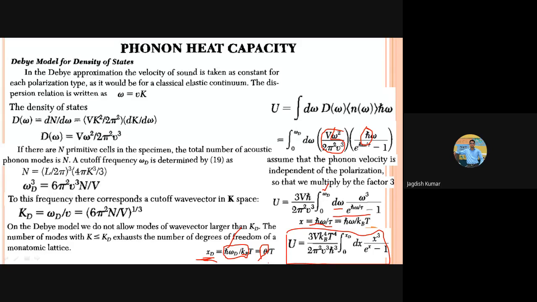These values can be related to bond strength, because the frequency of any mass-spring system is related to the spring constant: omega equals the square root of K over M. This is just a qualitative understanding of the results, relating omega D to the bond characteristics. That's all the analysis part.